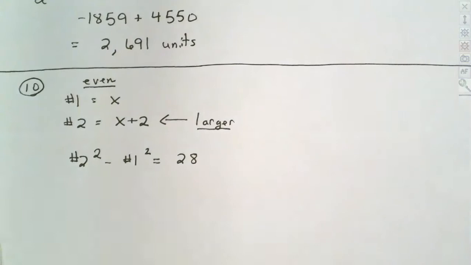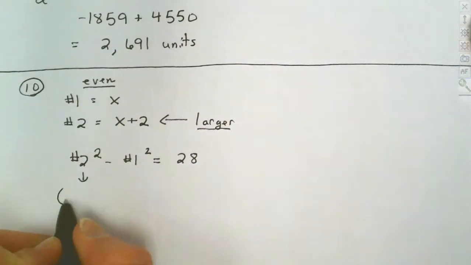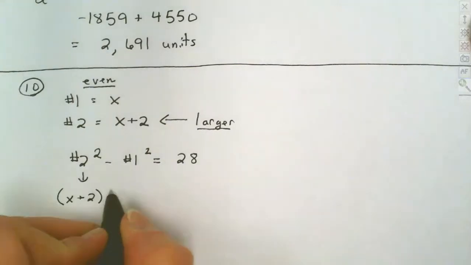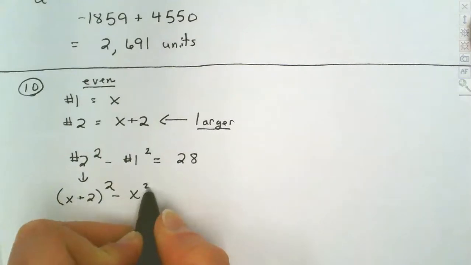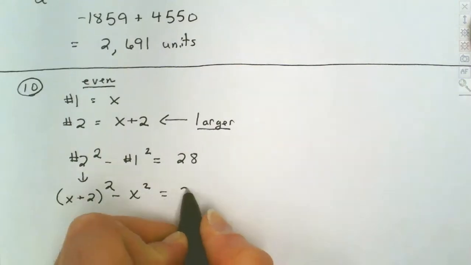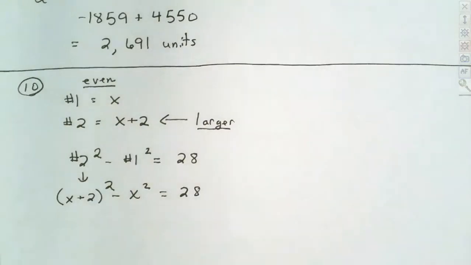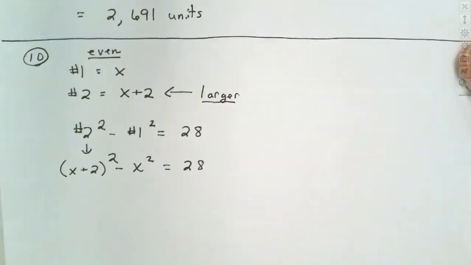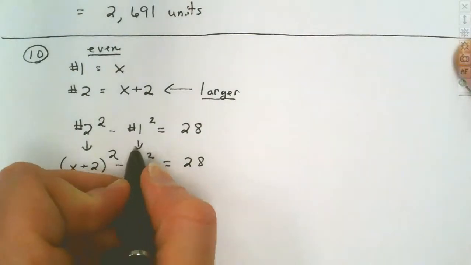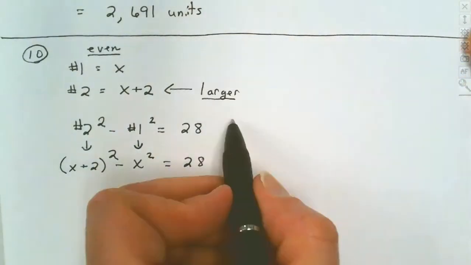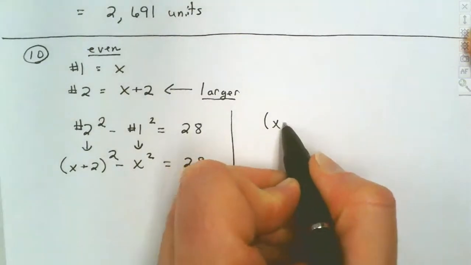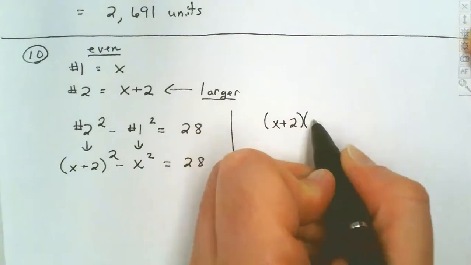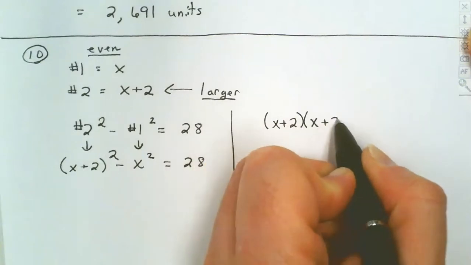Now, what do we know about these? Well, we know the second number, that is x plus 2, quantity squared. We know our first number is x squared, and that's going to then equal 28. I'm going to take that x plus 2, and it's squared, so I've got to now FOIL it out.